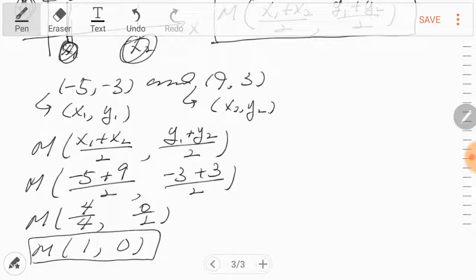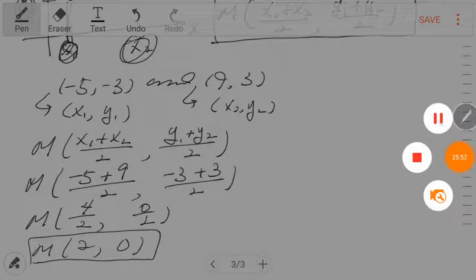So the coordinate of the midpoint is 1, 0. Okay, let me see. Is something wrong? Okay, -5 plus 9 is 4. Sorry, I made a mistake again. This is not 4, this is 2. So the midpoint is 2, 0.